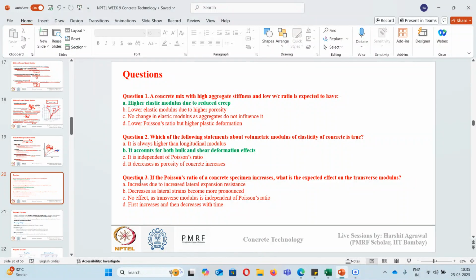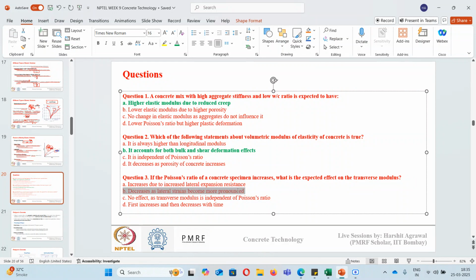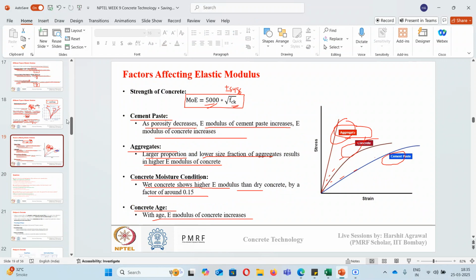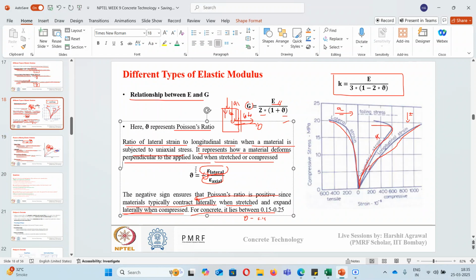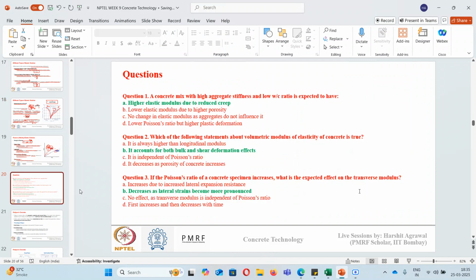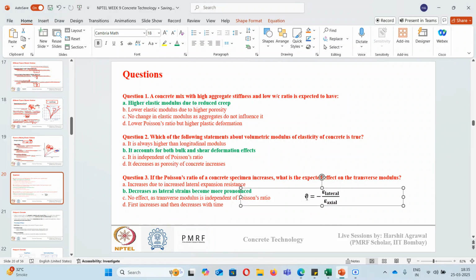Okay, so for the third question, the correct answer is B. Why? If you see the relationship between Poisson's ratio and lateral strain, this is the relation that we saw. A higher Poisson's ratio means that under compression, the material expands more laterally, making it more deformable.